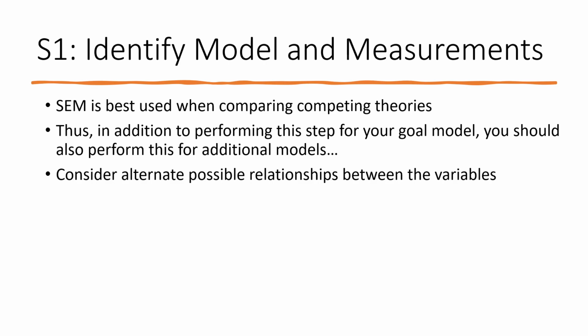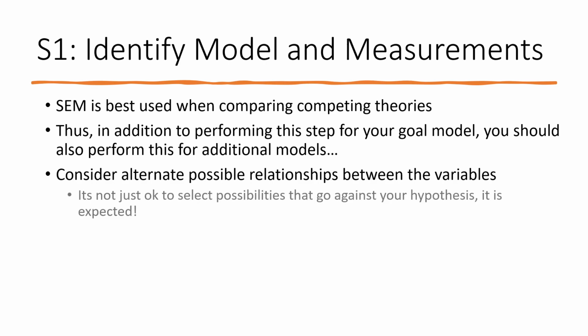In considering these possible alternative relationships, it's expected that you include some that agree with you, but also some you may heavily disagree with. If it's a possible explanation in the theory or the literature, even if it's one you disagree with, but it's an explanation for the relationship between the variables you're studying, it's worth dropping that in there, and it's really expected that you drop that in there, as something you're going to assess.